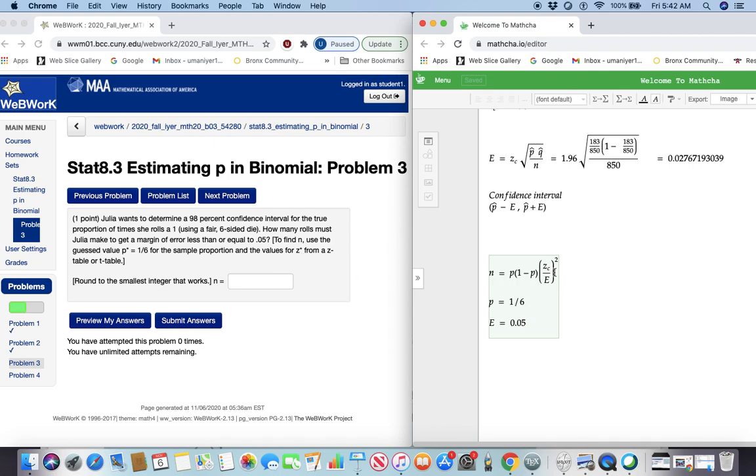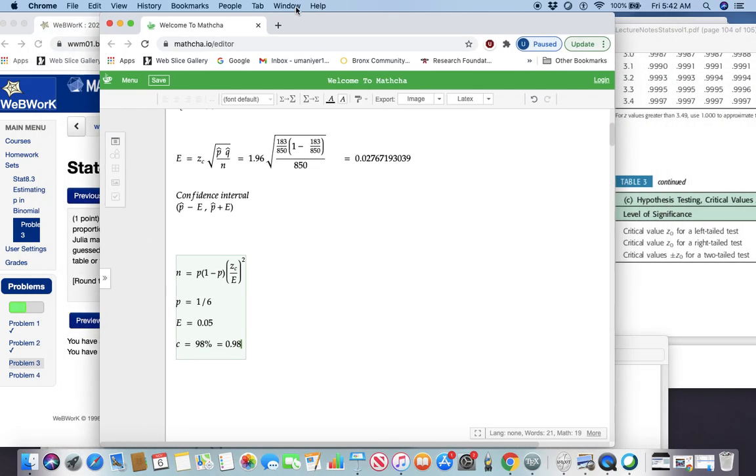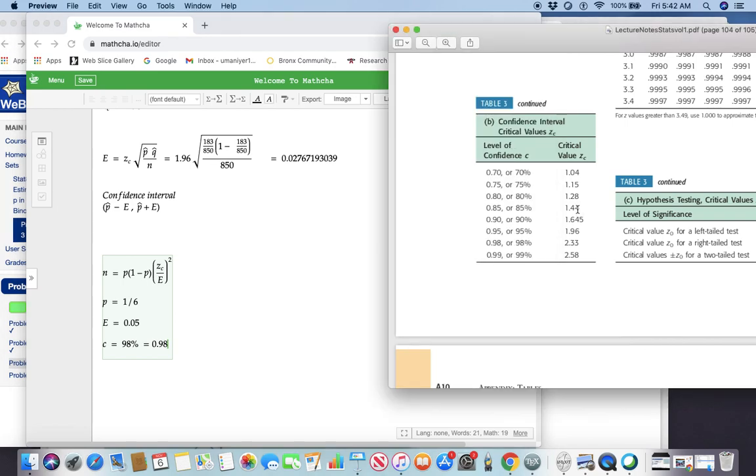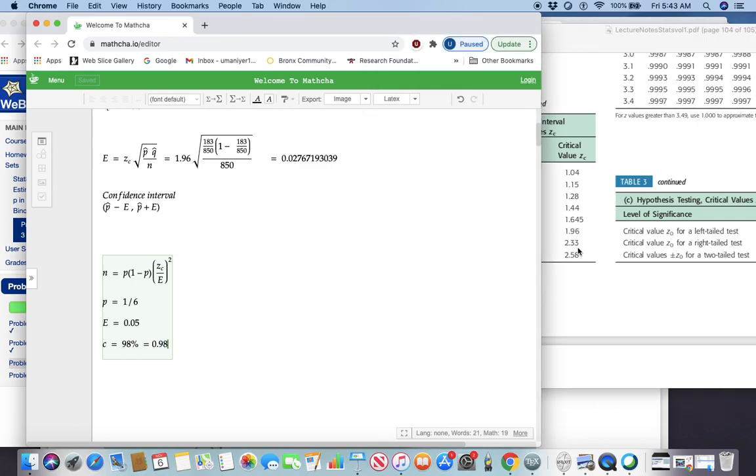And you want to find z sub c for 98%. So c is 98%, which is 0.98. So let's bring in our table. For 0.98, the critical value z sub c is 2.33.